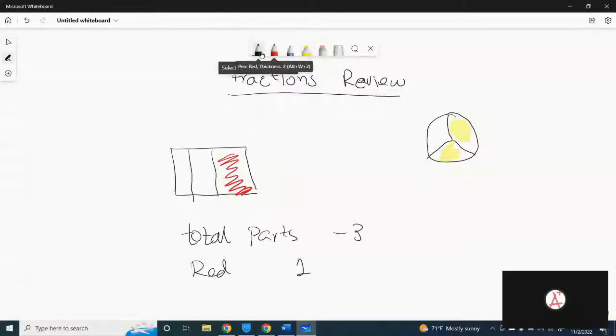So what would be the answer? The total portions in the shape are 3, and out of the 3, how many of them are yellow? Yes, out of 3, 2 are yellow. So you can write the answer in fractional form as 2 over 3, because the shape has total portions 3, and out of the 3, 2 are colored. Got it?